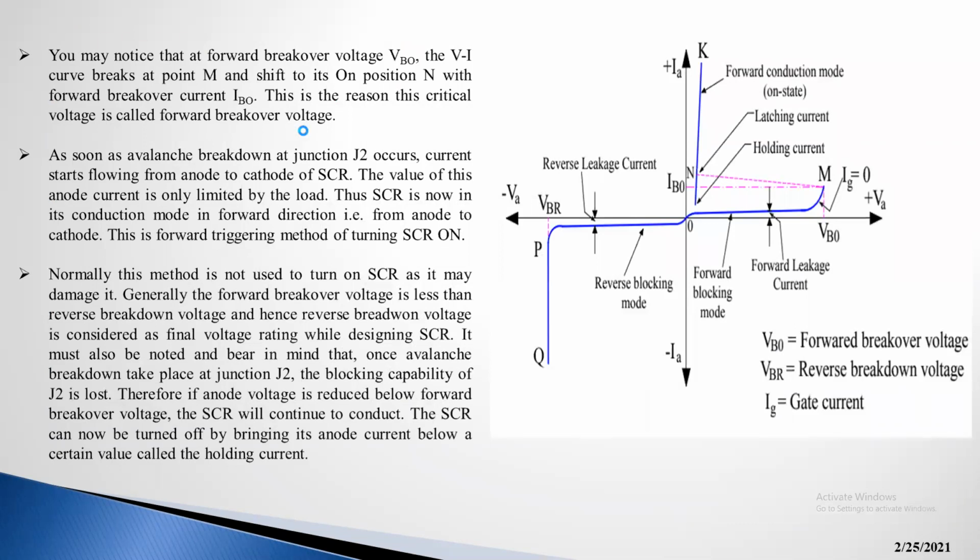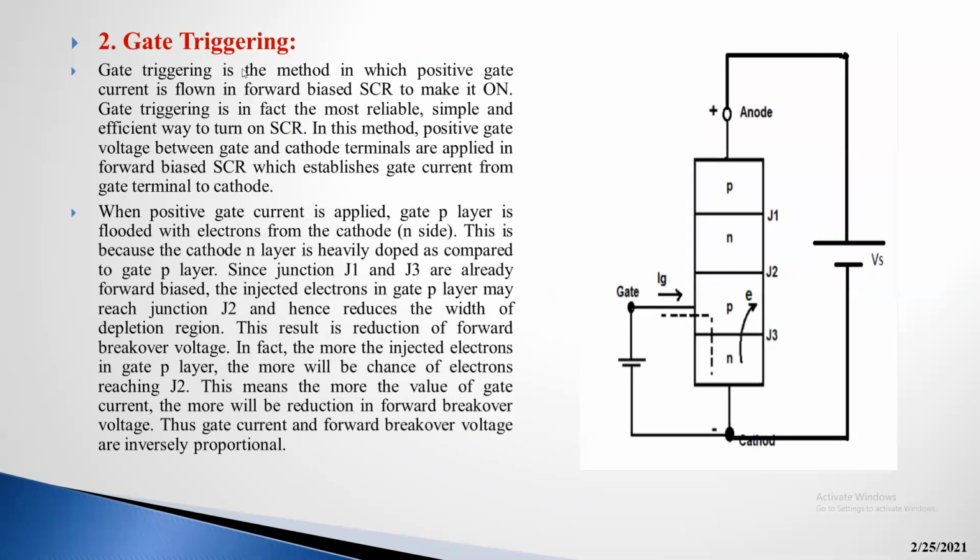The next one, the second method, is the gate triggering method. How can we turn on the SCR by using gate triggering? It is the same as the previous one, but here we apply a normal voltage across the anode and cathode, maybe 100 volts or 200 volts, and at the same time we apply a voltage to the gate circuit, between the gate and cathode.